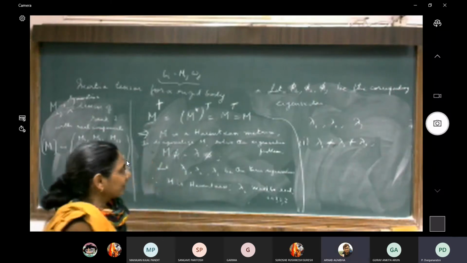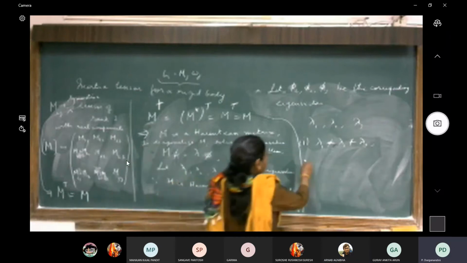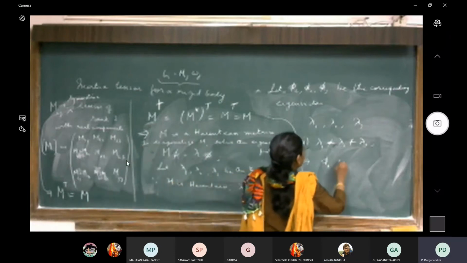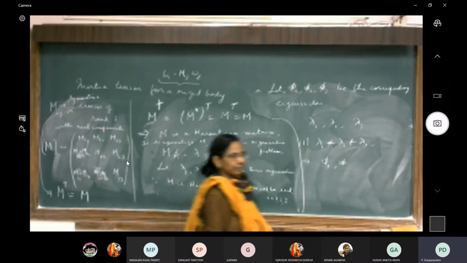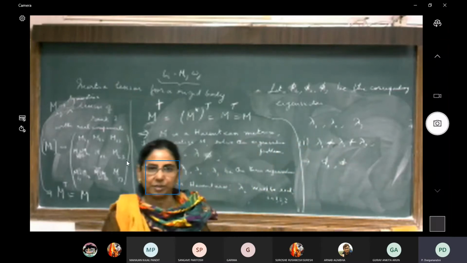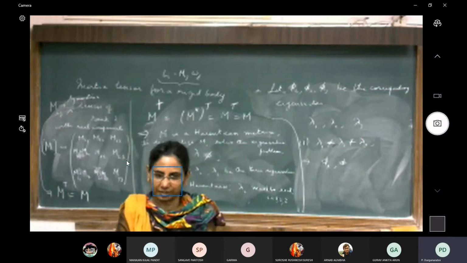I would like to put it in a slightly different language. If I just take two, for example, it will tell you that they are linearly independent, or in other words, phi 1 and phi 2 are orthogonal to one another.